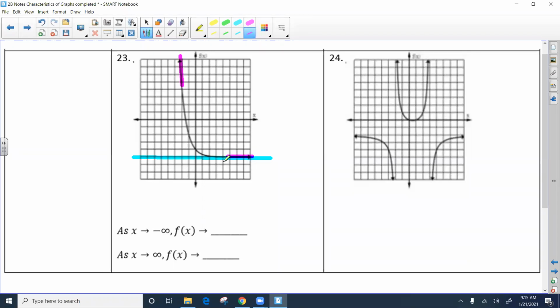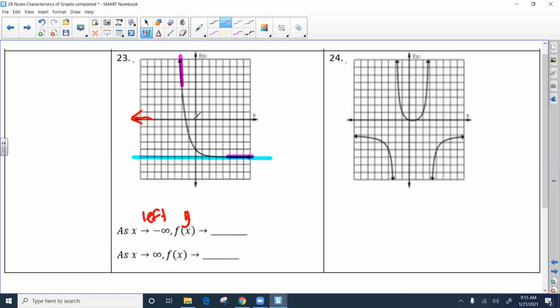Now, in this case, our two ends are going in different directions. All right, so again, we have our notation here to fill in. As x approaches -infinity, this is talking about the left end of the graph. As we go towards the left on the x-axis, what's happening to the outputs, the y values?